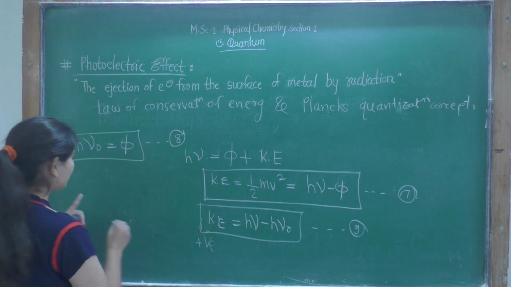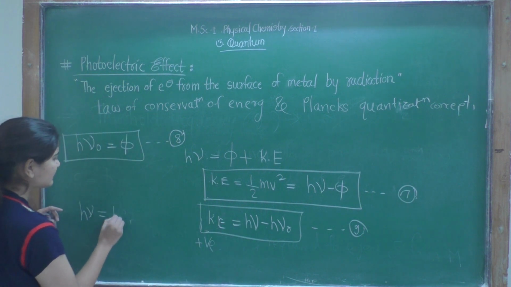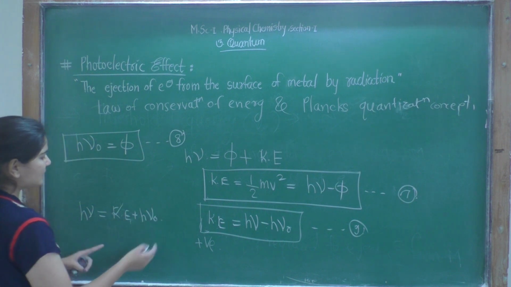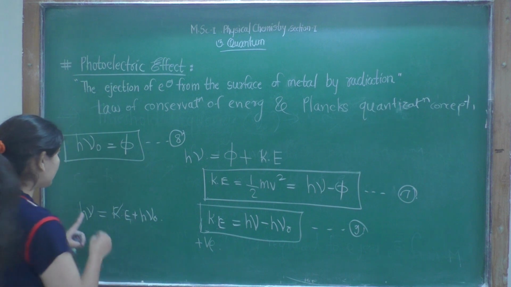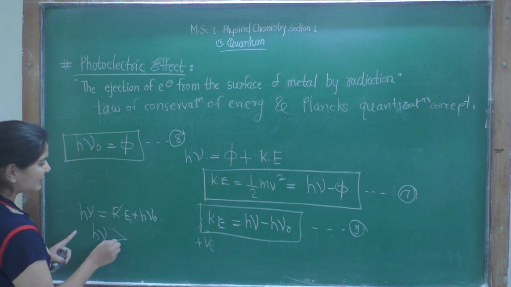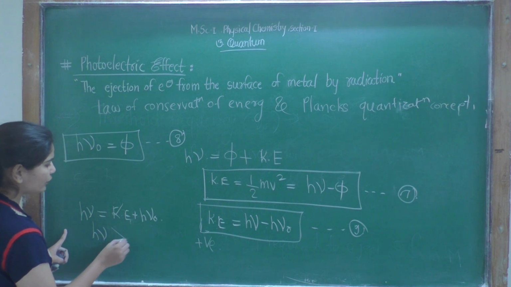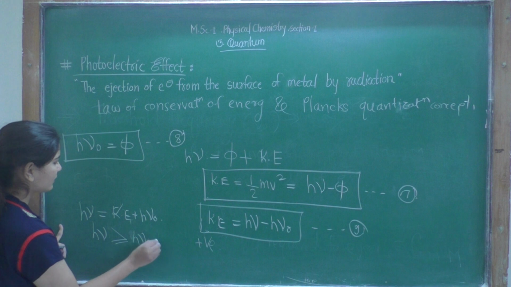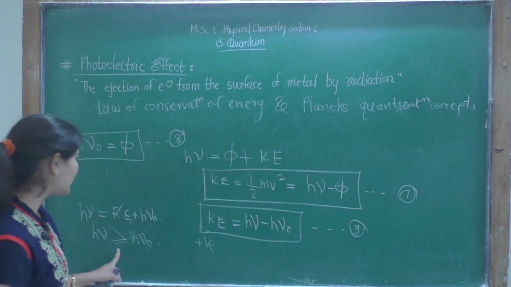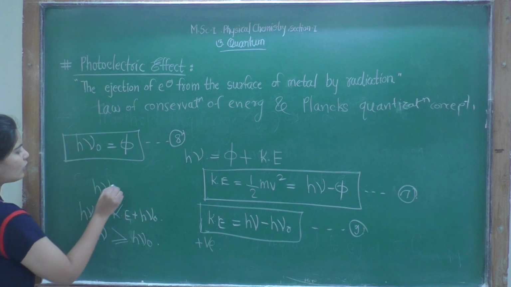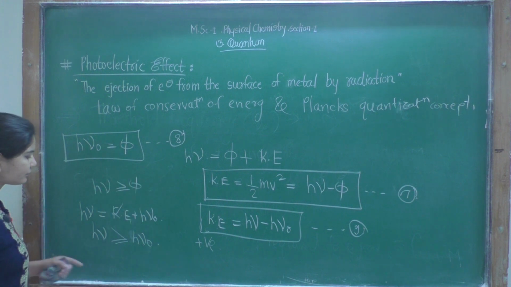Now what will be the value of h nu? h nu can be written as kinetic energy plus h nu naught. That means both these values are positive. Hence h nu will always be greater than or equal to h nu naught. h nu naught means phi, so we can write h nu is always greater than or equal to phi also.